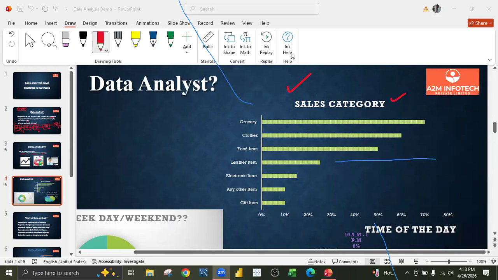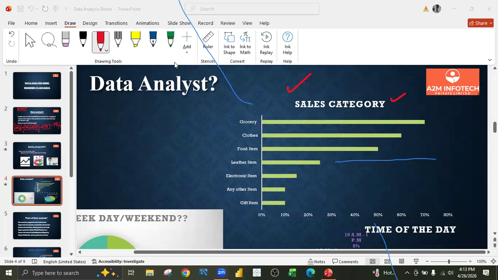Samir, what are you doing? Grocery, clothes, food items, leather items. Yes, Gaurav, you are right. What about the remaining people? What are you able to observe in this particular thing?